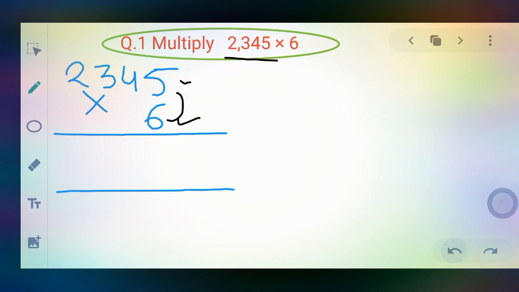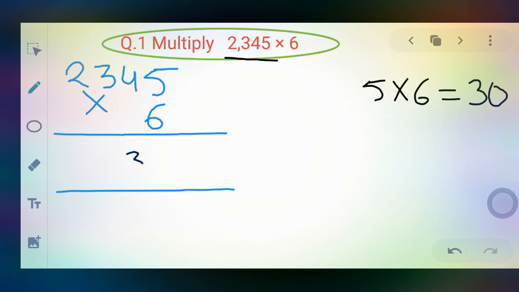Now what do I get? 5 6s, you all know very well the answer, that is 30, or you can say 6 5s again 30. Getting? So dear student, here I will not write 30. Why not? Because I multiply only the ones place.